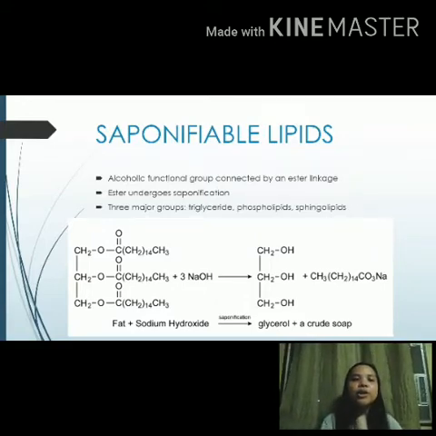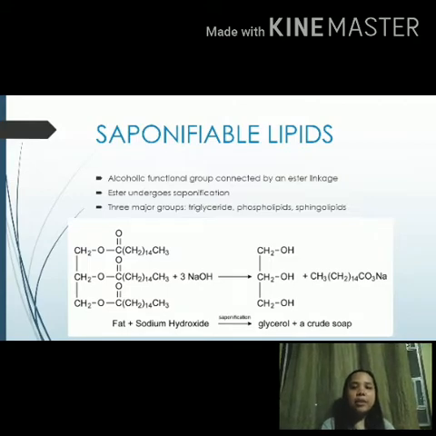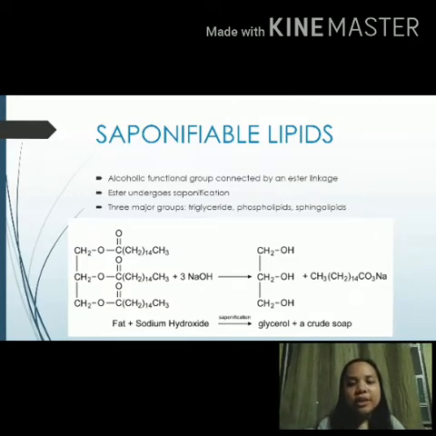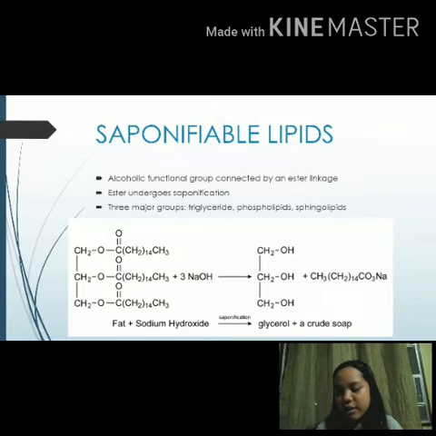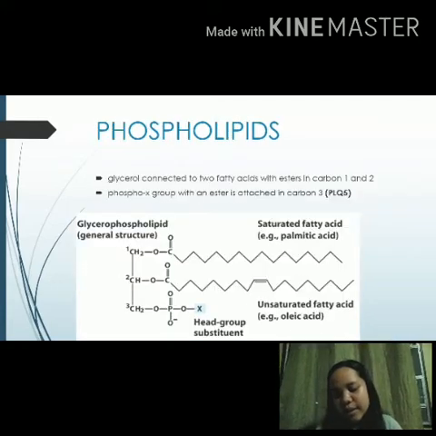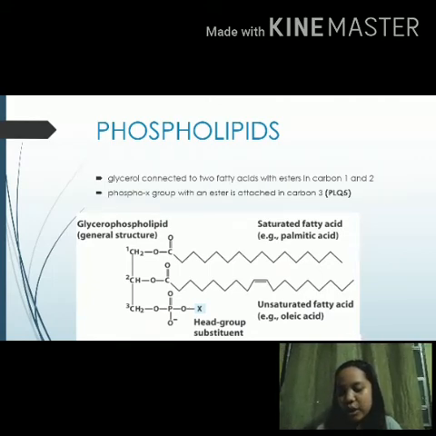And under saponifiable lipids, there are three major groups. One is triglyceride, and the second one is glycerophosphatides. Glycerophosphatides are more commonly known as phospholipids. It has an alcoholic functional group which is also glycerol, and it has two fatty acid chains connected to carbon 1 and 2.